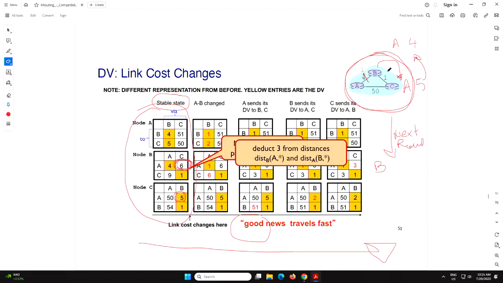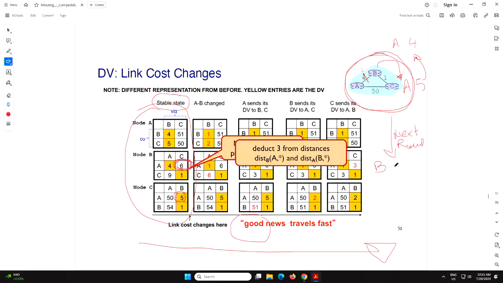So B receives this information that C can go to A with 5, right? So we are seeing why this 6 is there.